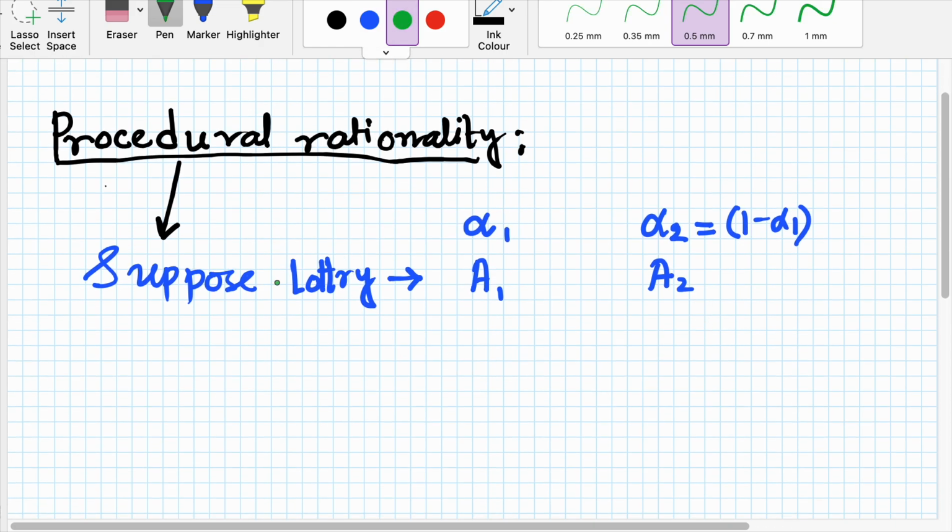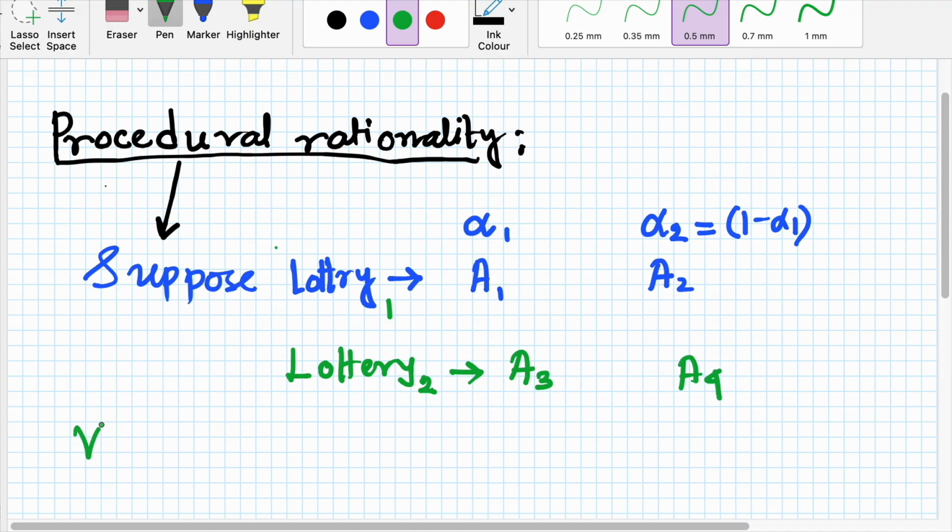Now how do procedurally rational agents evaluate this lottery? Suppose there are two lotteries, lottery 1 and lottery 2, where lottery 2 gives prize A3 and the other prize with probabilities alpha 3 and alpha 4.